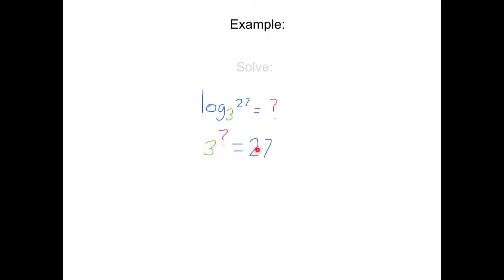It's exactly the same thing as log base 3 of 27. You know that 3 to the third power gets you 27, so you just solved the little question mark there. The answer to this is definitely 3.